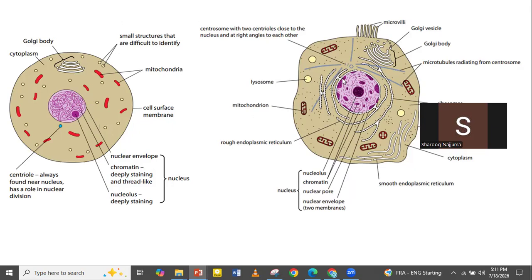When you get back here to the electron micrograph, we can see that yes, there is a nuclear membrane, but that nuclear membrane is double. You can see we have this first line here and then this other line. So it's a double membrane.